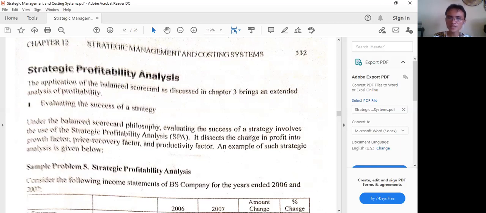If you have visited our discussions about strategic management concepts or perspectives, then you have already met the balanced scorecard with the 4 areas and perspectives. So some would be the internal processes perspectives, the financial perspectives, the customer perspectives, learning and growth or adaptability perspectives. So those are the 4.